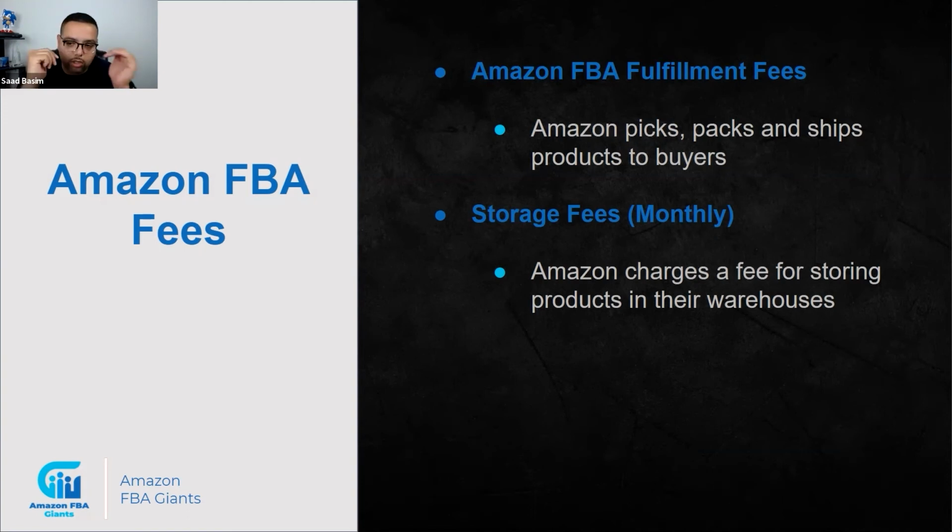So you need to really look at them, and make sure your product is not staying there collecting dust, and collecting debt and collecting fees. Instead, it's actually selling. And that's one of the things that in Q4, as all of us see, Amazon really charges way higher for storage fees, because they want to make sure they utilize every inch of that warehouse and make sure it translates into money.